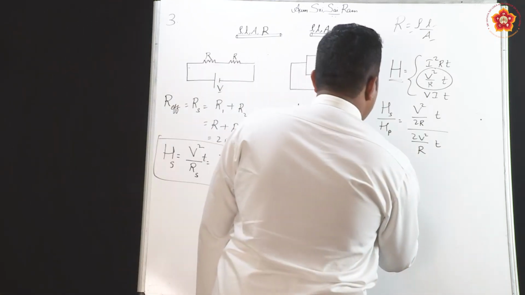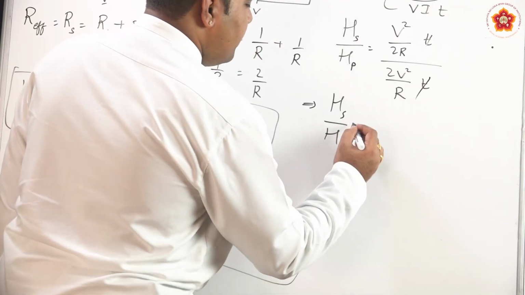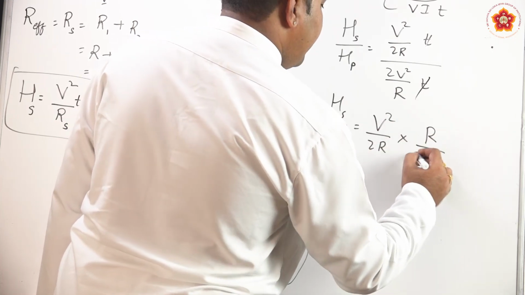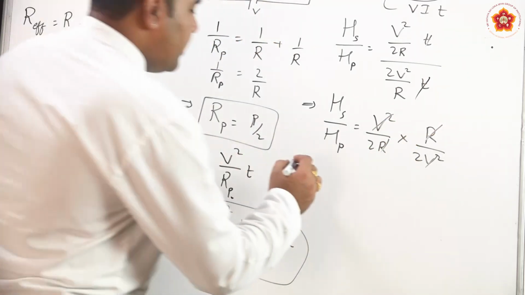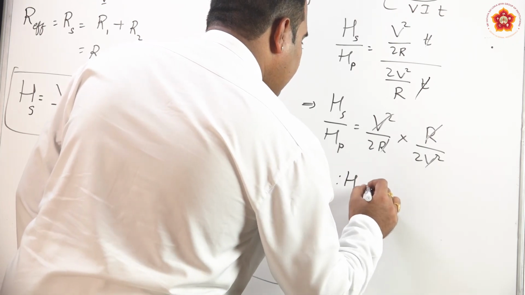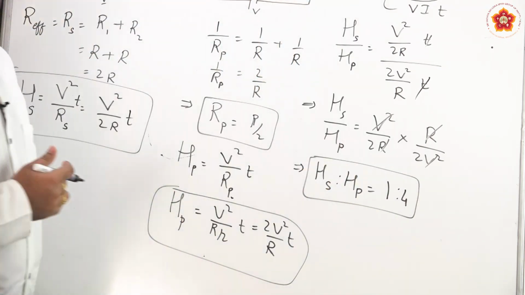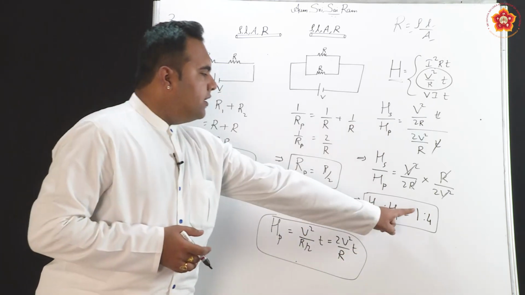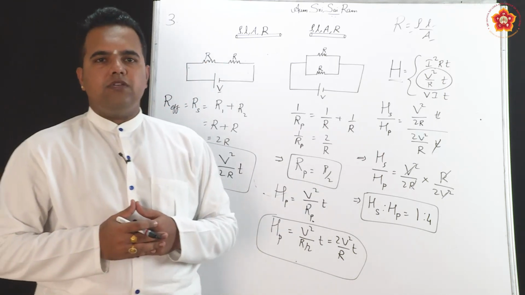So when we simplify this, Hs by Hp will be V square by 2R into R by 2V square. So V square will cancel, R and R will cancel. The ratio now will be Hs is to Hp equals 1 by 4, or 1 is to 4. So the heat generated in the series circuit to the heat generated in the parallel circuit will be 1 is to 4. With this we arrive at the conclusion for this numerical.